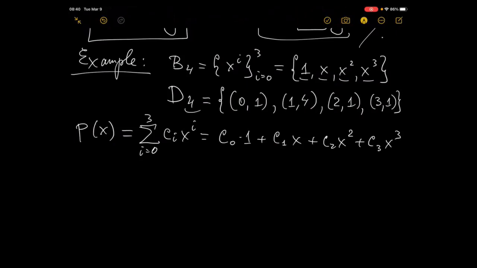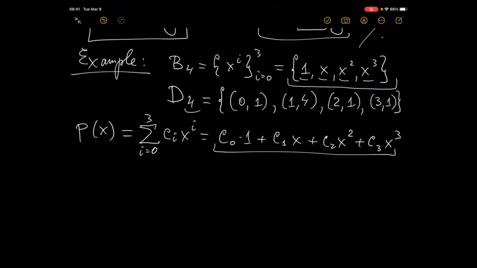Essentially, could you tell me how a function of this type is called? A function which is a linear combination of x in different powers. How is it called? Polynomial? Exactly, polynomial.